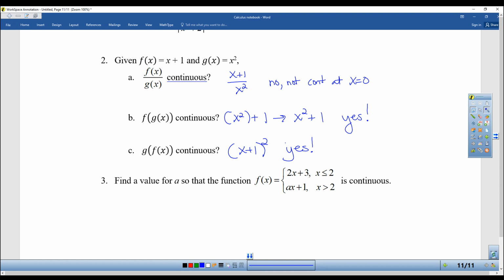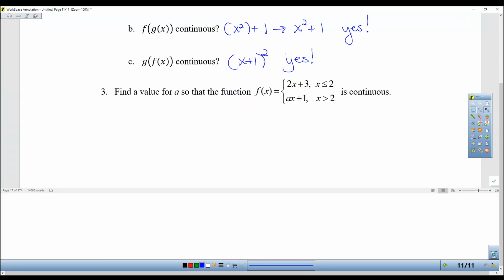All right, your first AP level question. So this is straight from an old AP exam in the multiple choice section. Find the value for a so that the function is continuous. So personally, I would make a quick graph. It's a piecewise function.